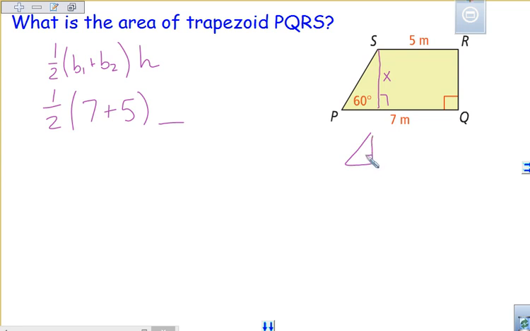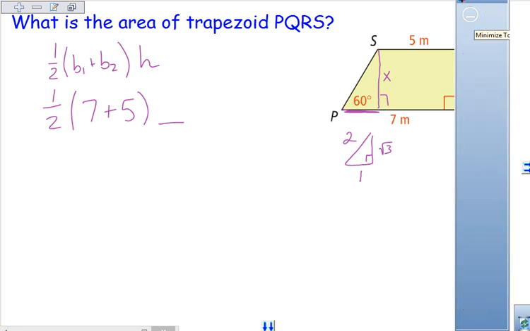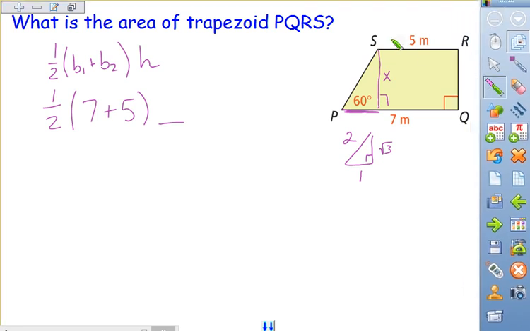So if that one is 60, this angle is 30. So opposite of 30 is 1, opposite of 60 is square root of 3, opposite of 90 is double. So it looks like I need to figure out what this side is. Well, if this is 5, and this whole side is 7, then this has to be 2.